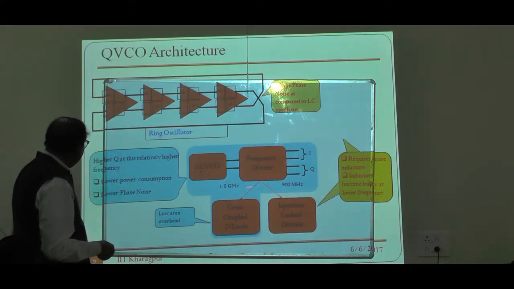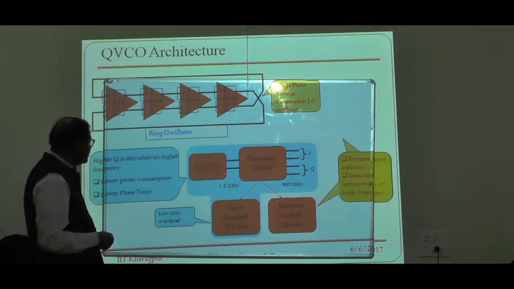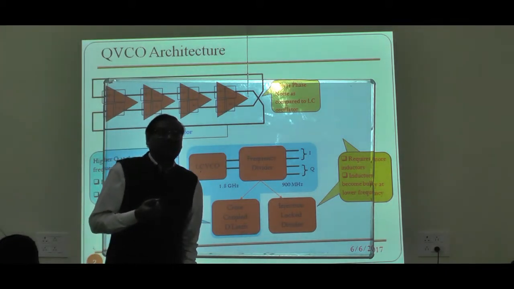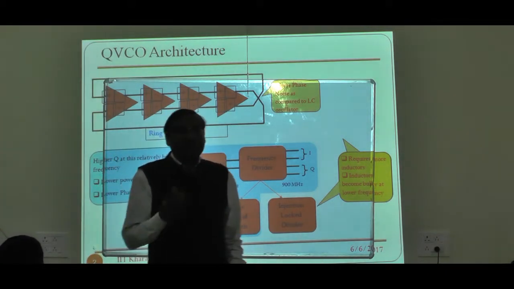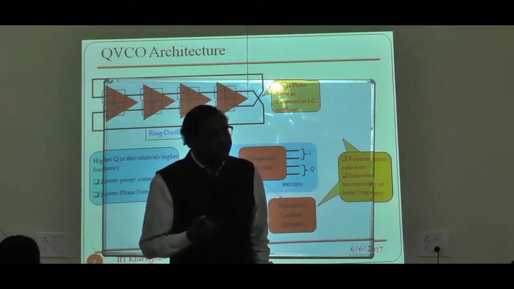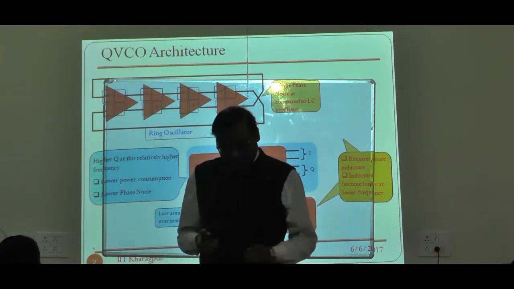Now this LC-VCO, what are the challenges? The on-chip realization of the inductor coupled with the voltage-controlled oscillator suffers from the paucity of a high quality factor inductor, because inductors in a CMOS platform have much lower Q, whereas in a VCO you require very low phase noise.